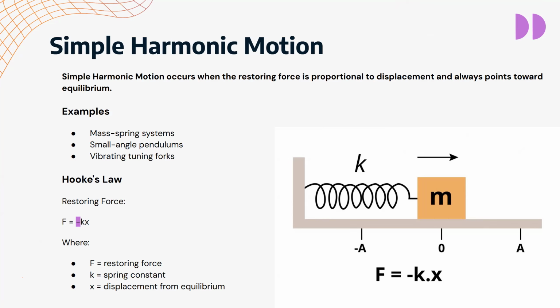Simple harmonic motion is only true when the pendulum is at a small enough angle. Because after some point, actually I don't know why. I don't remember why after some point. Let me search that up.